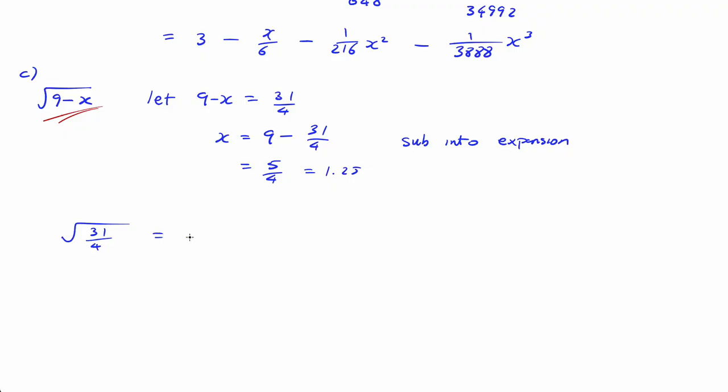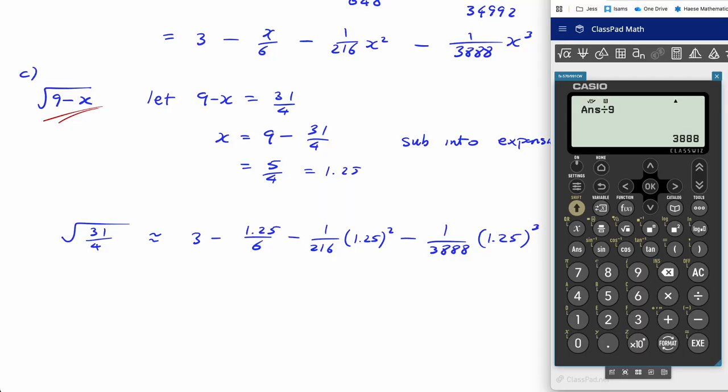Okay, so this is approximately equal to 3 minus 1.25 over 6 minus 1 over 216 times 1.25 squared minus 1 over 3888 times 1.25 cubed. Okay, this should hopefully give me the answer.